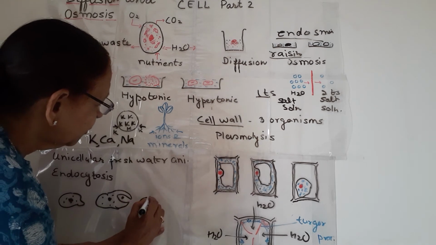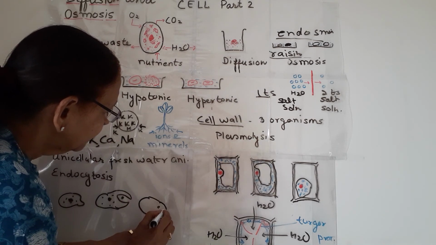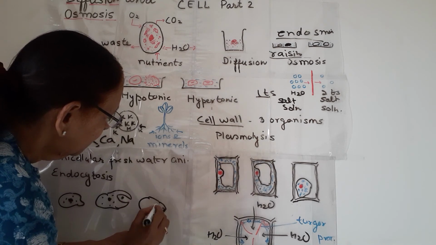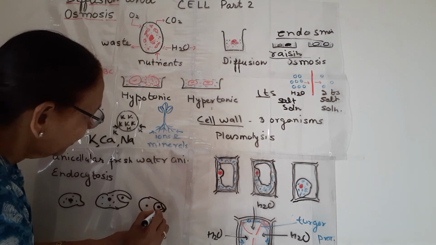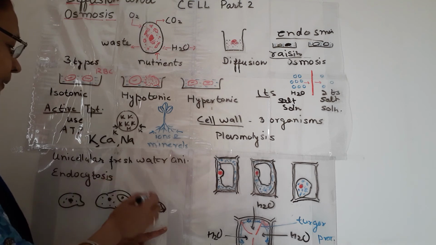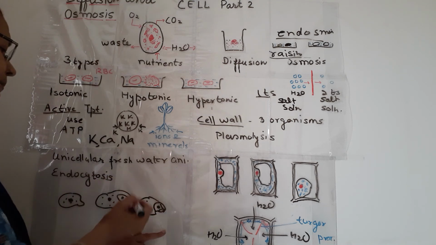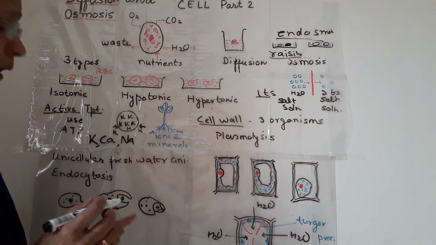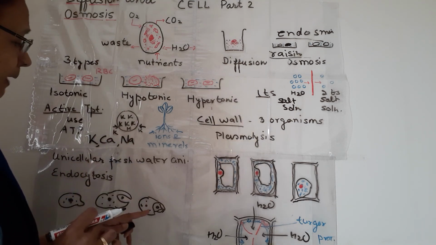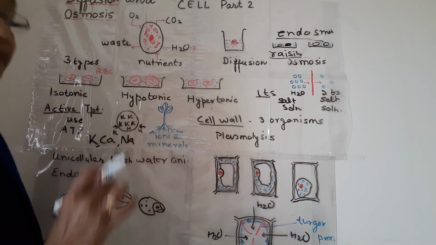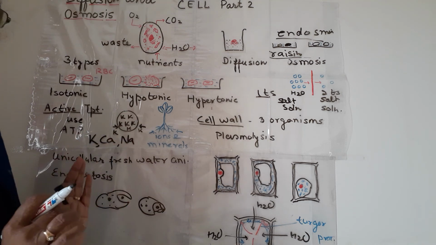Next, these pseudopodia encircle this food particle and a food vacuole is formed. This food vacuole is inside the body of the amoeba. Now digestive juices digest this food and it is absorbed by the cytoplasm of the amoeba.